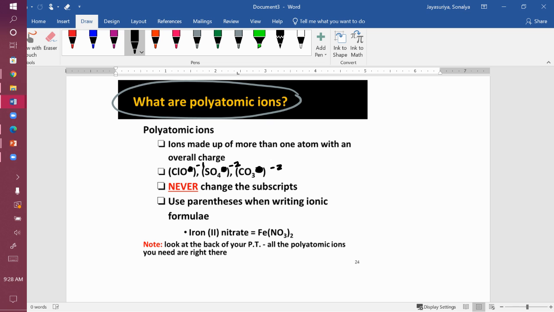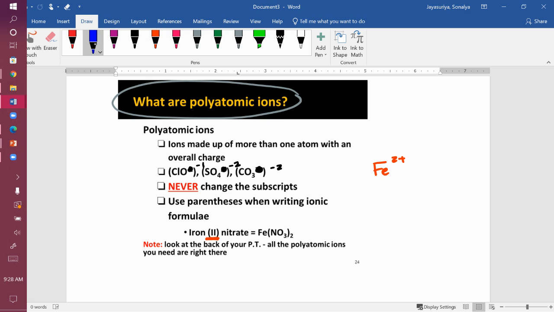So here's a compound, iron 2 nitrate. We know that this ion is going to be Fe2+ because the Roman numeral tells you the charge. Iron 2 is Fe2+, iron 3 is Fe3+, etc. Then you're going to look at this formula.